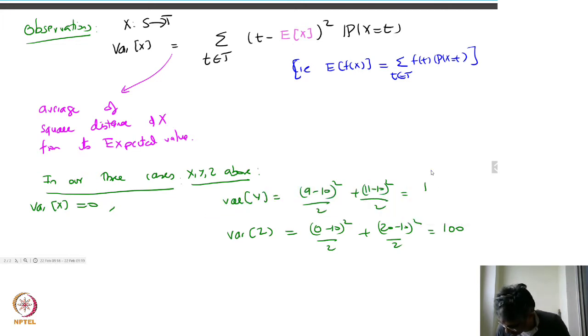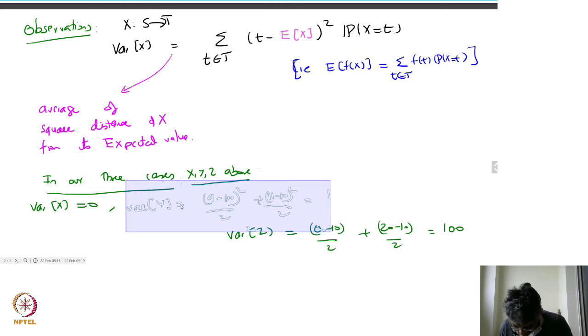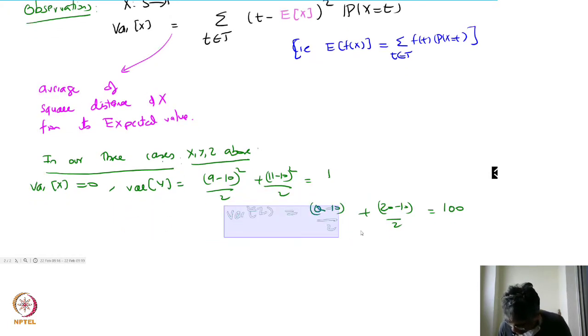What's going on? Variance of y is like 1. And what happens to variance of z now? Variance of z is like 100.